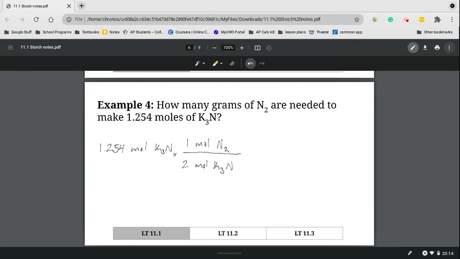And now we go from moles to grams. So in every mole of N2, according to the periodic table, that's going to be double of what nitrogen is. So that's going to be 28.02 grams of N2, which is equal to 17.57, because there's 4 sig figs, grams of N2.